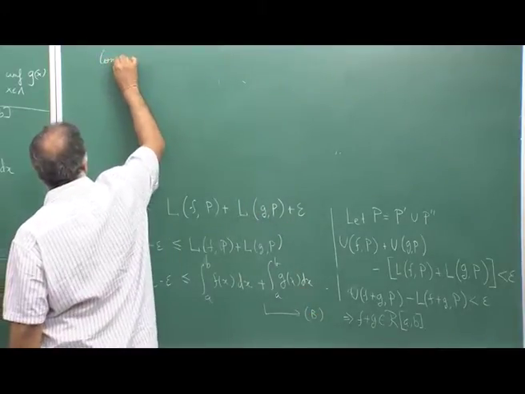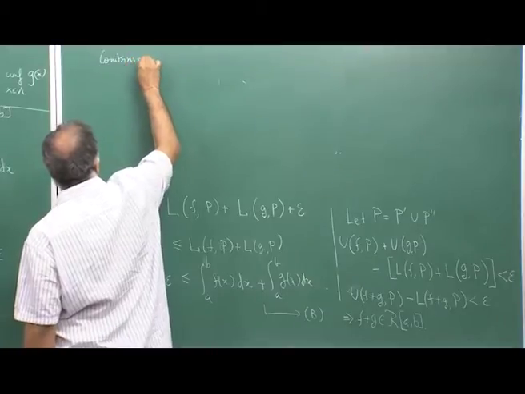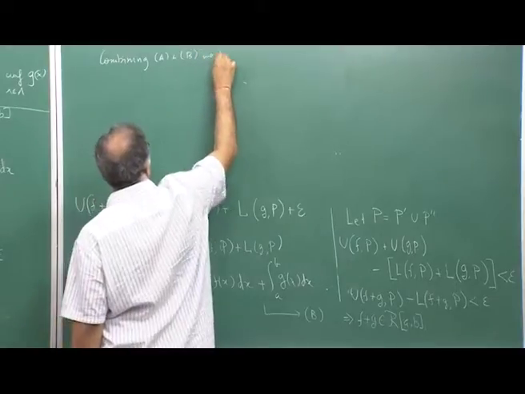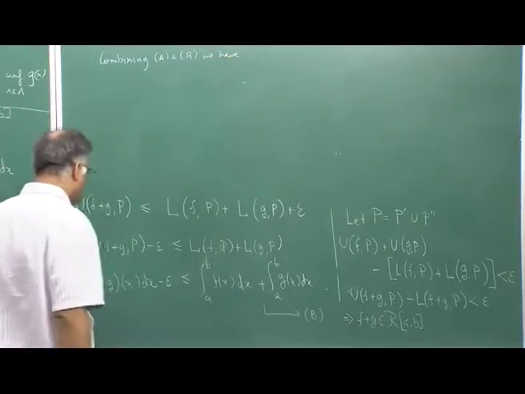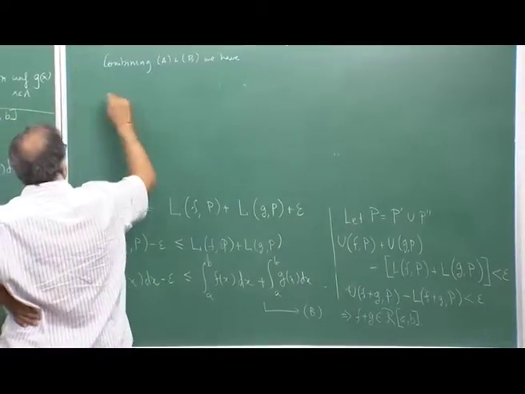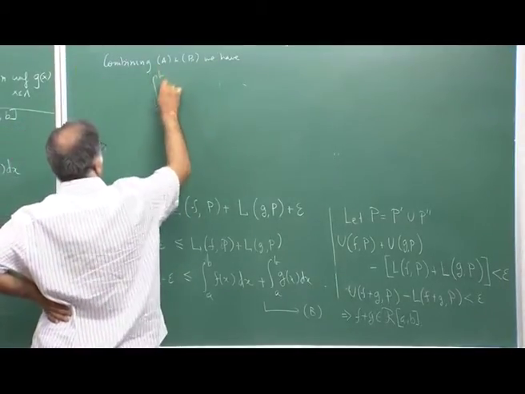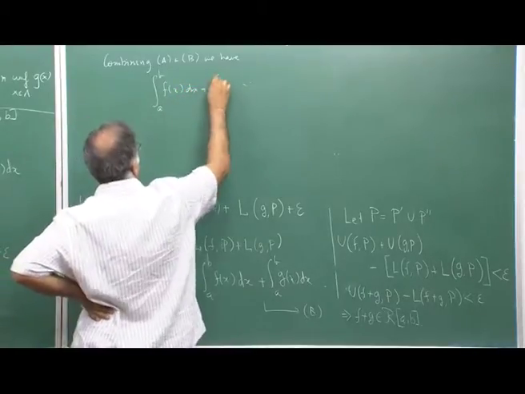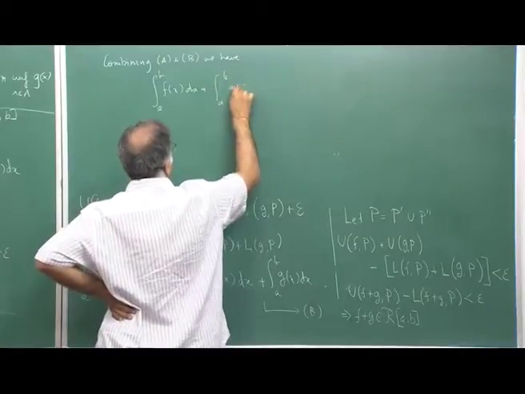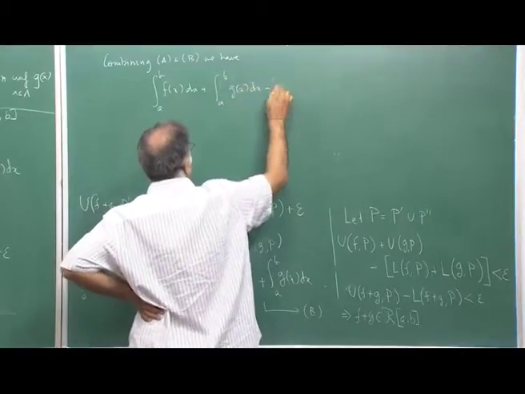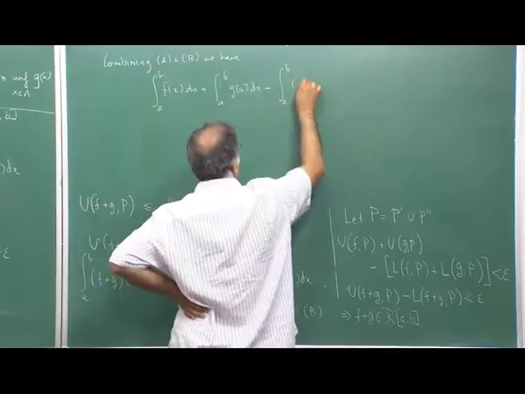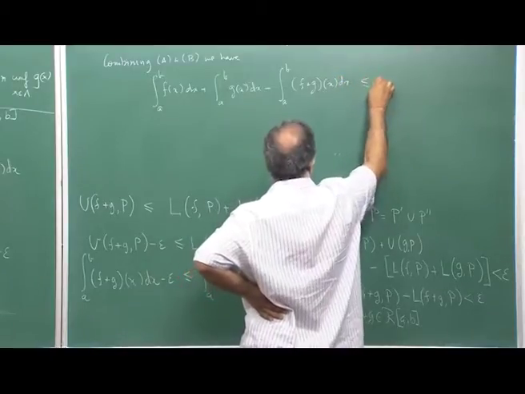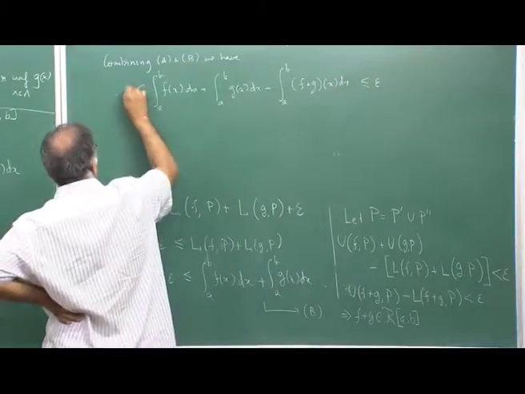So, combining a and b, we have the integral a to b f x dx plus the integral a to b g x dx minus the integral a to b of f plus g x dx lying between epsilon and minus epsilon.